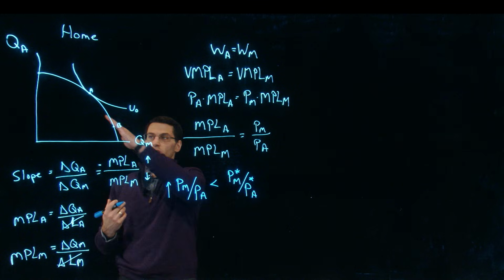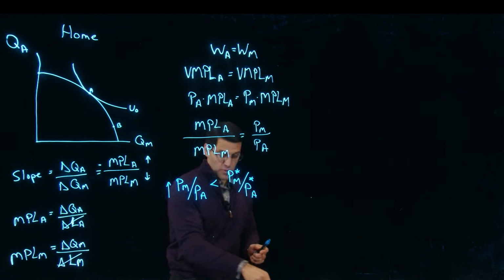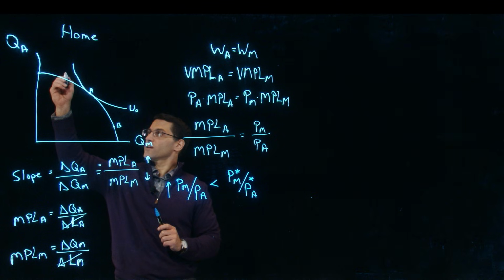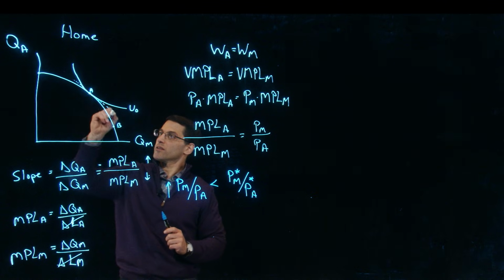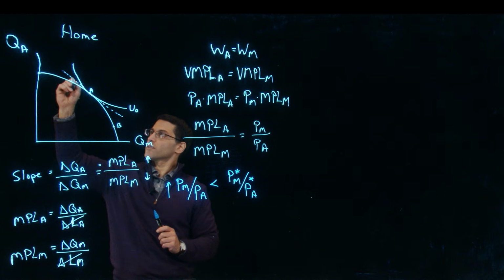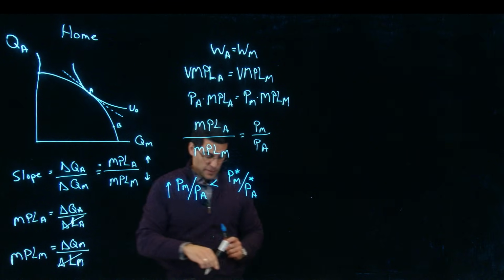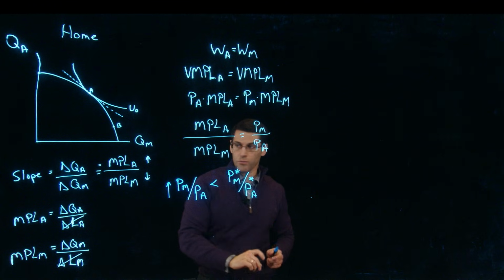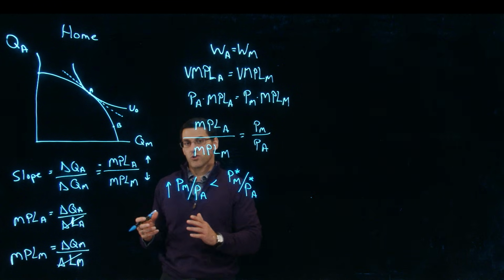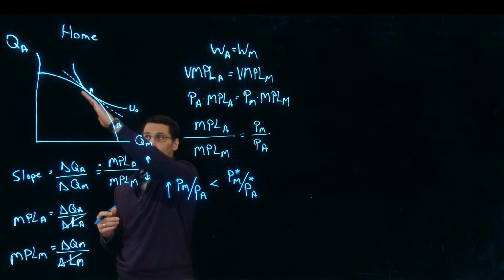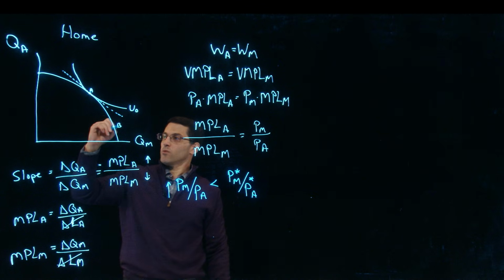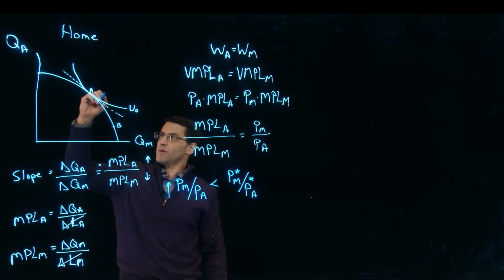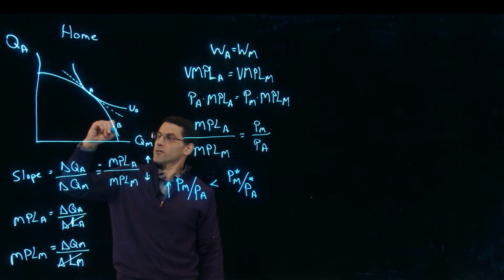So in other words, if we think of drawing the price line in, if this was our price line in autarky, right, that was the price of manufacturing over the price of agricultural goods without trade. When we open up to trade, that line is going to get steeper. So we end up with a world trade line that might look something like this.